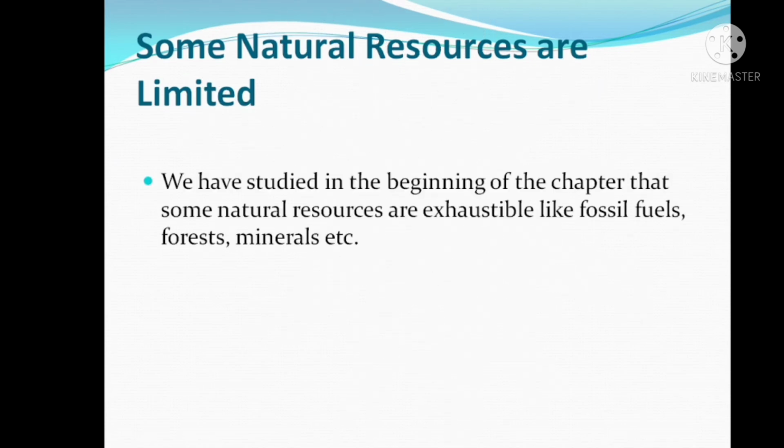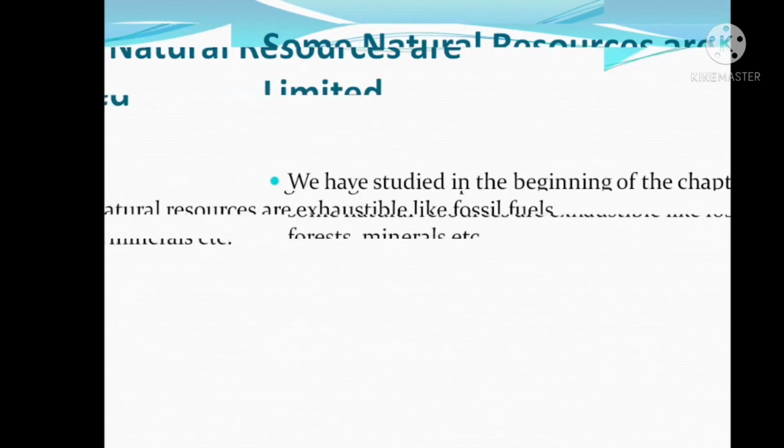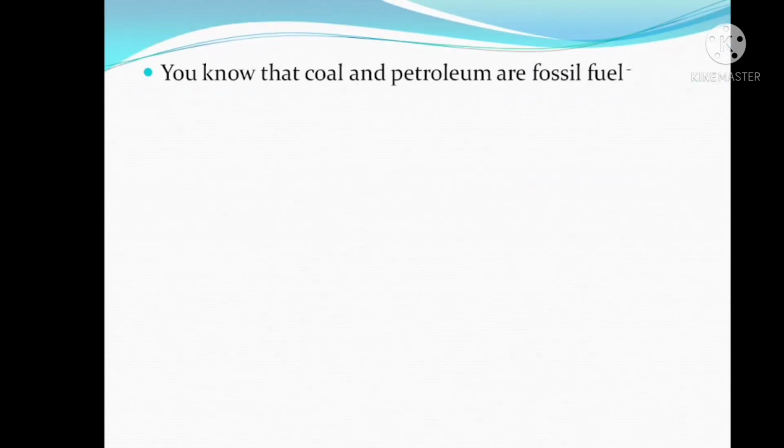Some natural resources are limited. What are these? We'll see. We studied at the beginning of the chapter that some natural resources are exhaustible, like fossil fuels, forests, minerals, etc. Fossil fuel means we cannot get it after some years. These are called exhaustible resources.